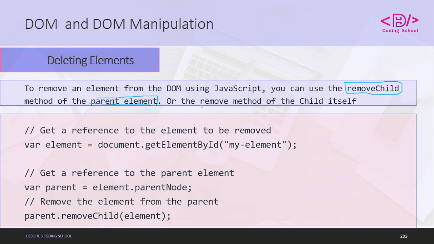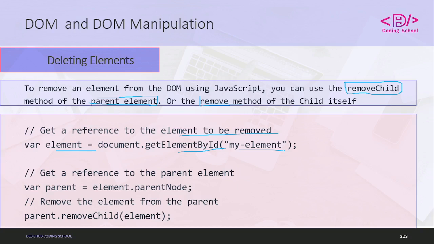Or you can use the remove method itself, not removeChild, but remove on the child itself. So how do we remove? The steps to be taken: the first is to get a reference to the element to be removed. You can just select the element you want to remove with getElementById, or you can use querySelector, of course.